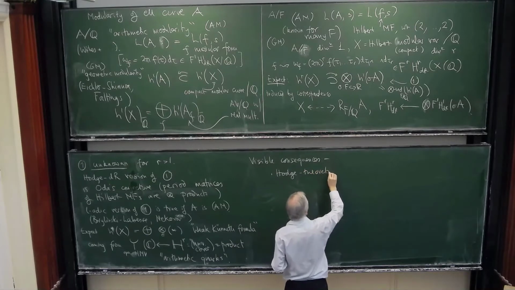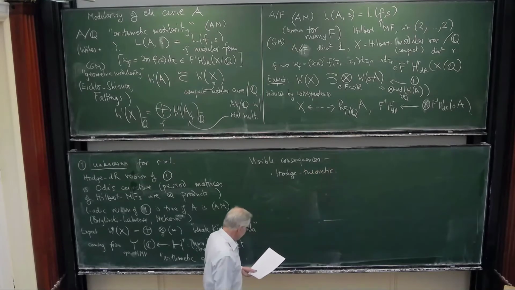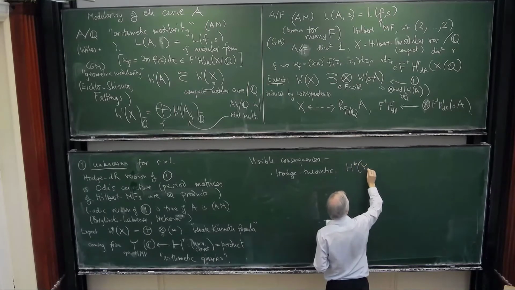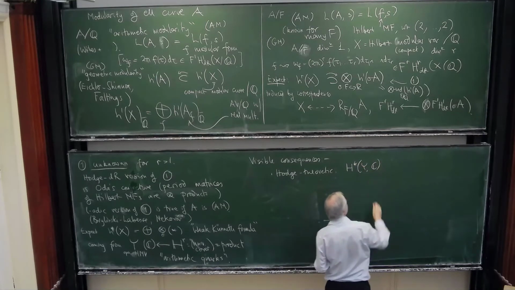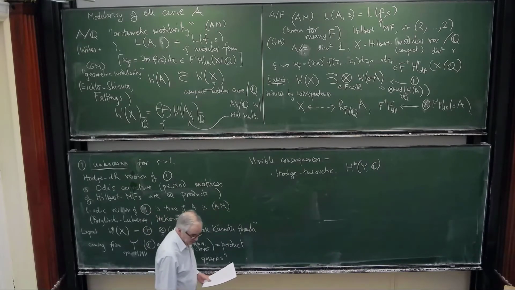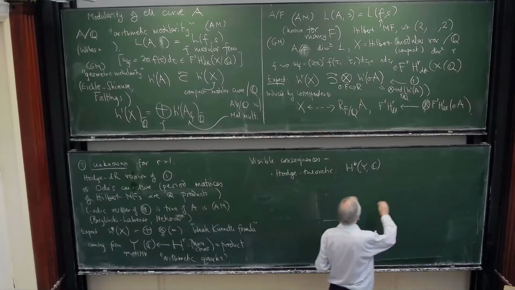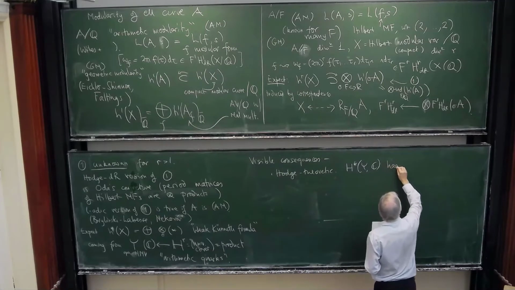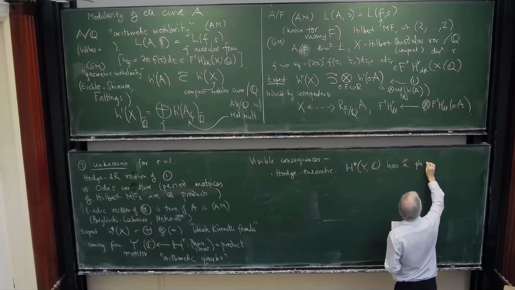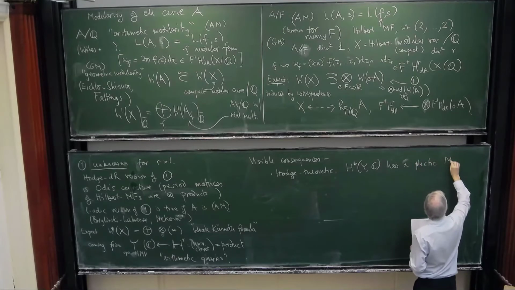One, the Hodge theoretic, is that if we look at the complex cohomology of this open variety, because it carries a mixed Hodge structure, it actually has what we call a plectic mixed Hodge structure.